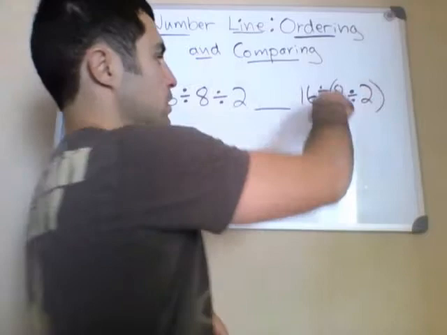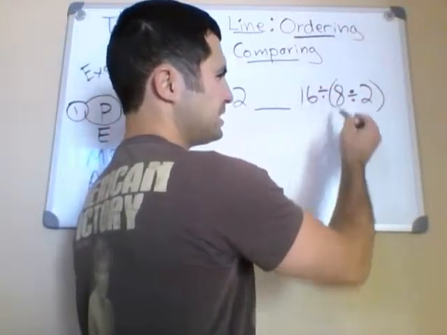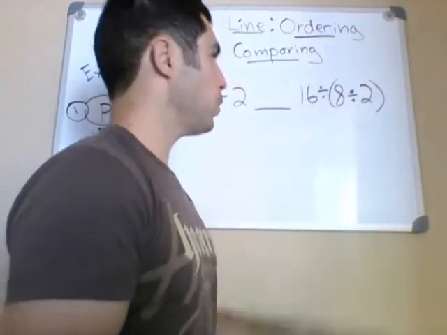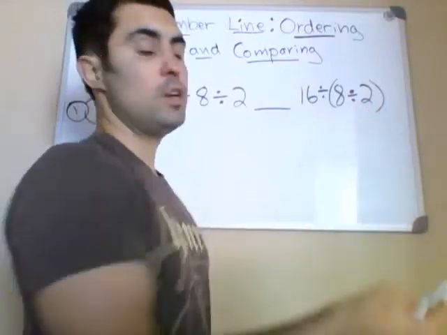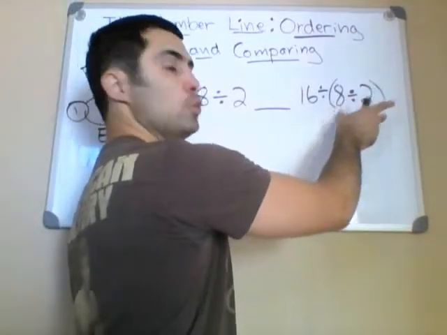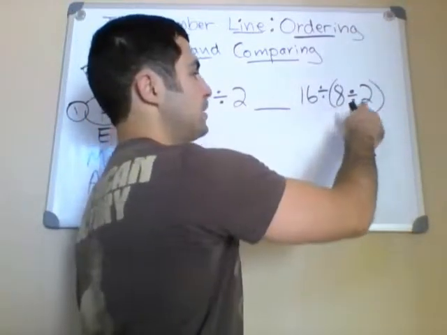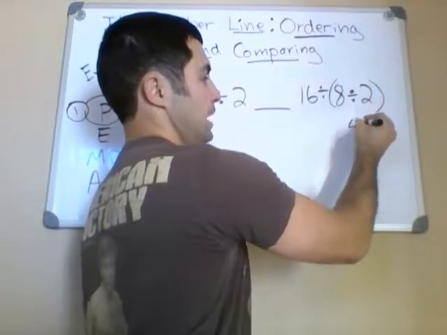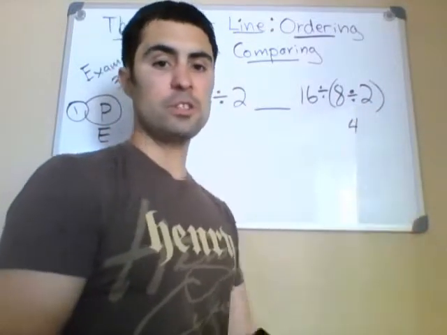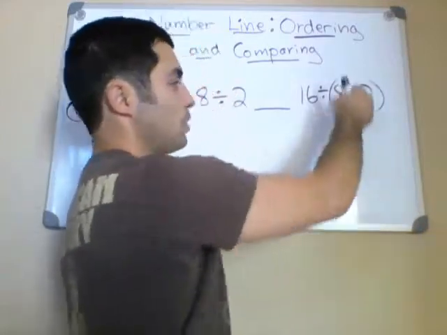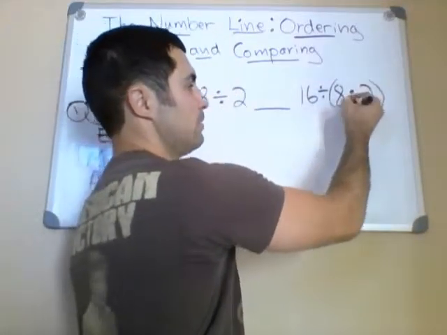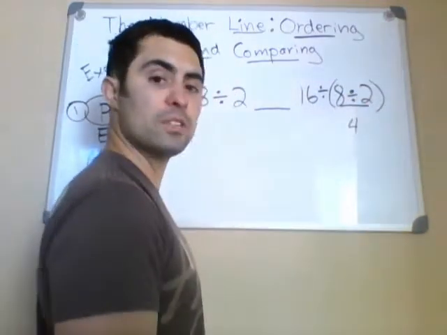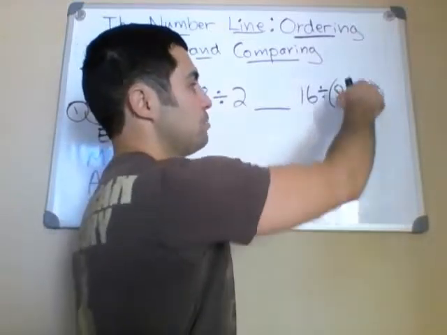So parentheses goes first. If you're trying to figure out, do I take 16 divided by 8, or do I do 8 divided by 2 first? Well, in this case, parentheses say do this first. So 8 divided by 2 is 4. I want you to do it the same way at home. I'm working down, writing the answer directly below once evaluated.